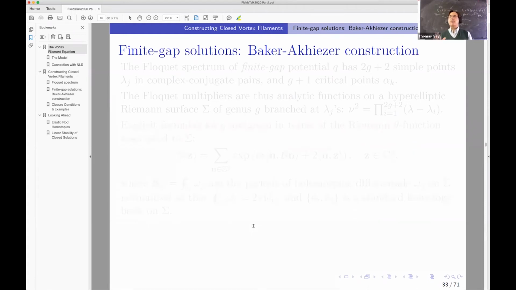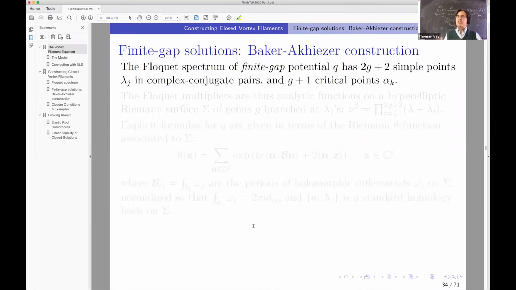You saw earlier that when we have a periodic solution q to the nonlinear Schrödinger equation, we've got this associated Riemann surface where the Floquet multipliers live. So let's construct such a Riemann surface. It's a double cover of the complex plane, so it's a hyperelliptic Riemann surface.